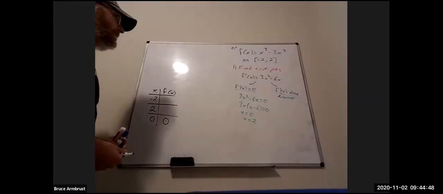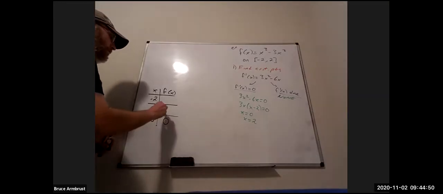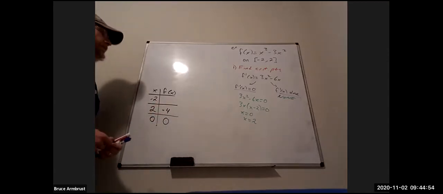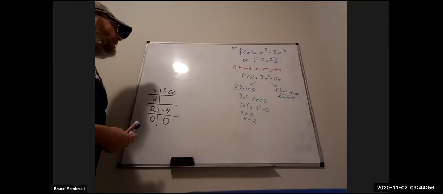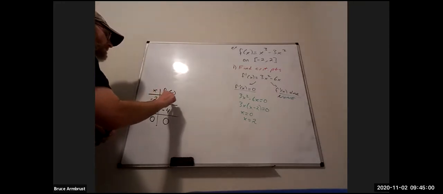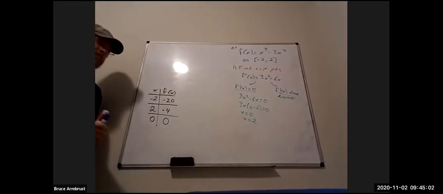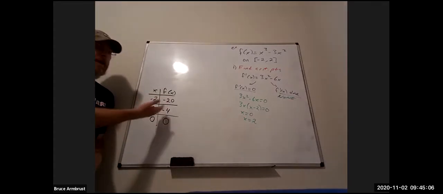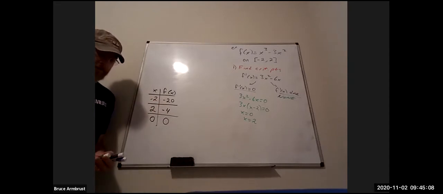So 8 minus 3 times 4 is -4. That's what I get when I plug in 2. And when I plug in -2, I'm going to get -8 minus 12, which is -20. So that was just a matter of plugging that into f(x).